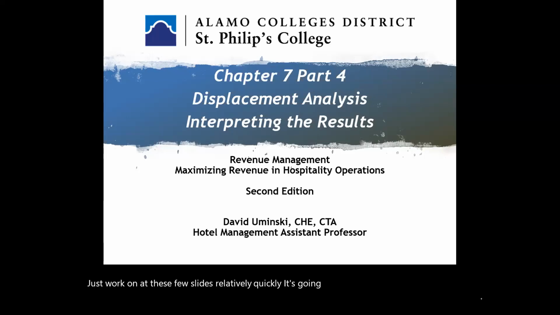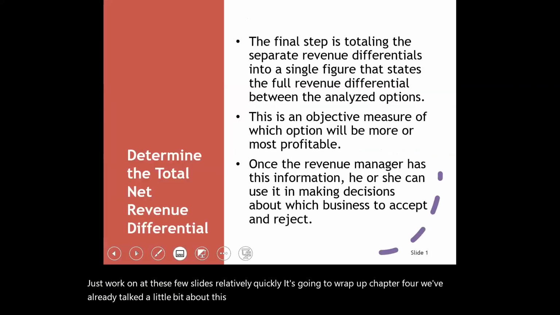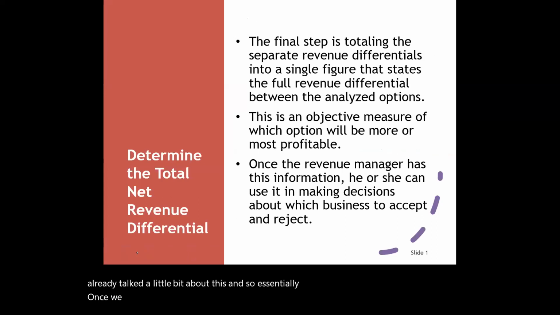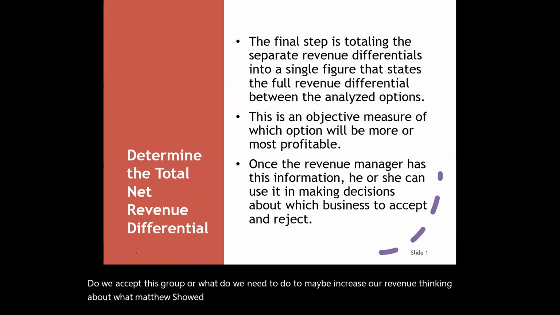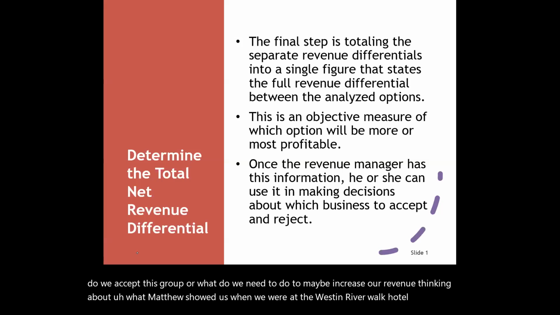We've already talked a little bit about this. Essentially, once we figure out all those different areas, the room revenue, the food and beverage, the other, this is going to give us that starting point to determine, do we accept this group, or what do we need to do to maybe increase our revenue? Thinking about what Matthew showed us when we were at the Weston Riverwalk Hotel, he showed the pattern and how the flow goes throughout the week.